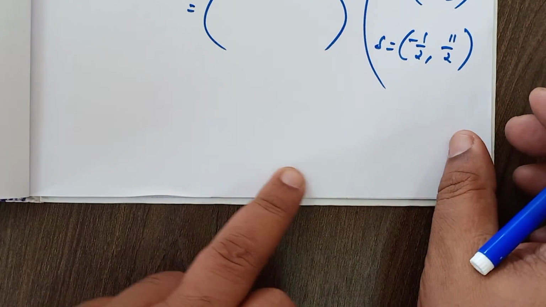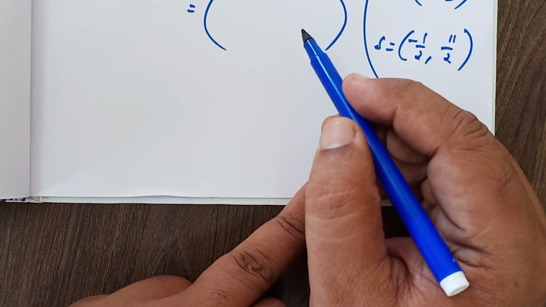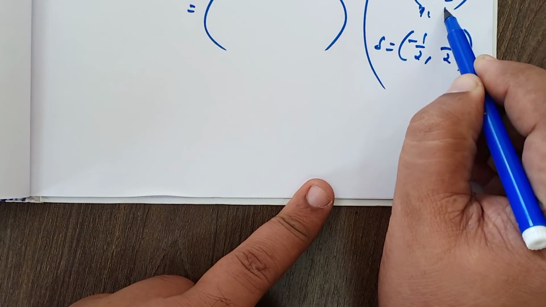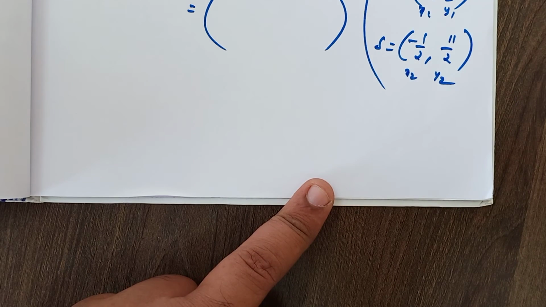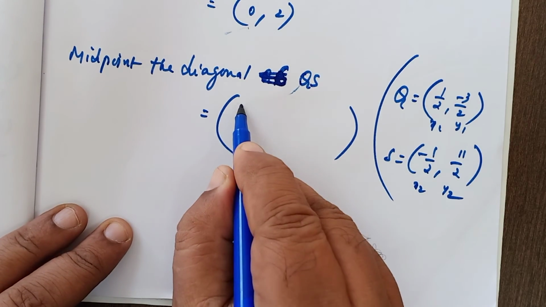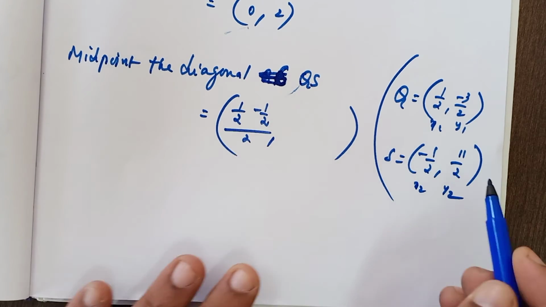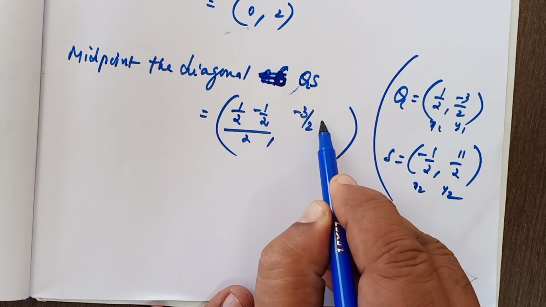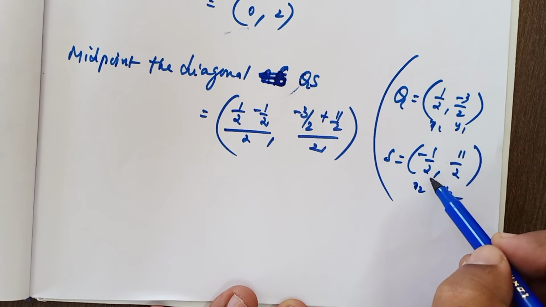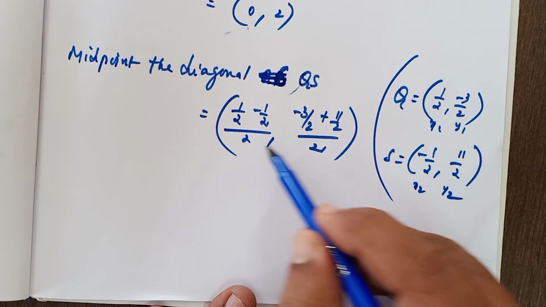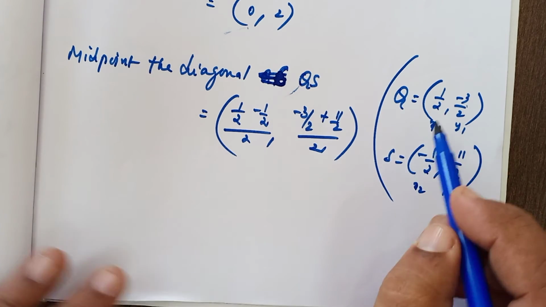Now this is x1 y1 x2 y2. x1 plus x2 by 2, half minus half by 2, comma y1 plus y2 by 2, that is -3 by 2 plus 11 by 2 divided by 2.